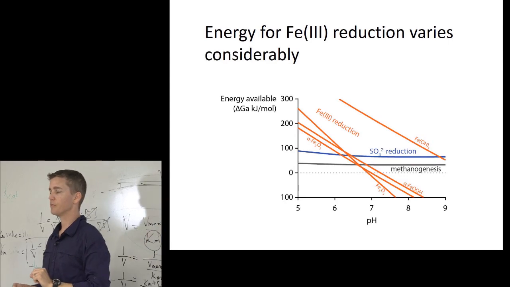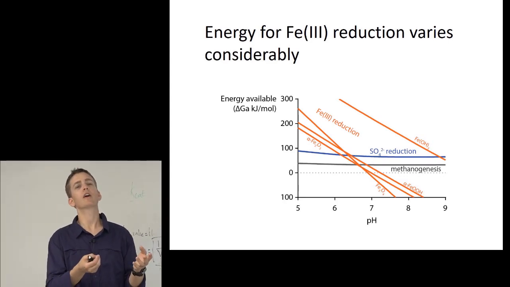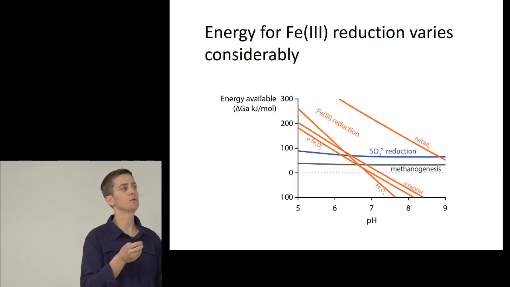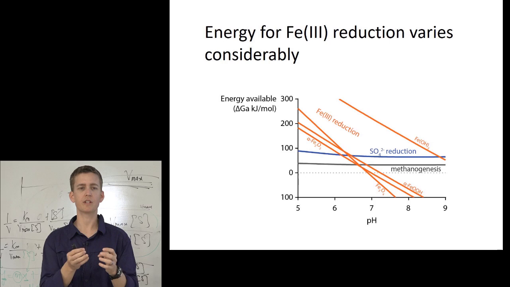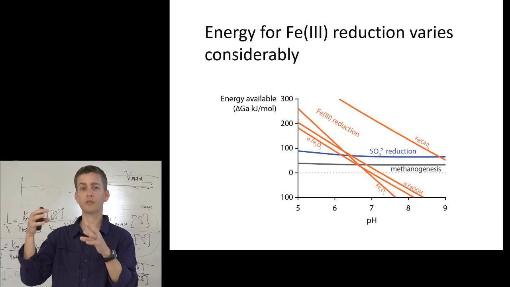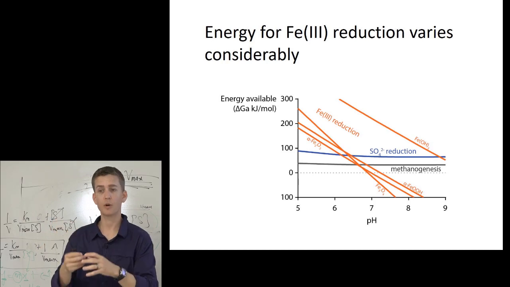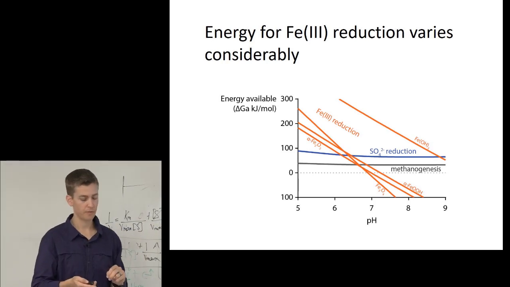The other is that the amount of iron reduction relative to sulfate reduction and methanogenesis would decrease as you increase the amount of food because of that surface area limitation on the rate of iron reduction. So two main hypotheses.